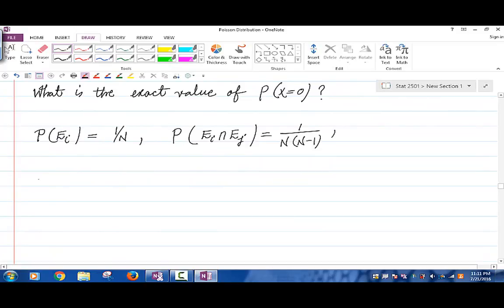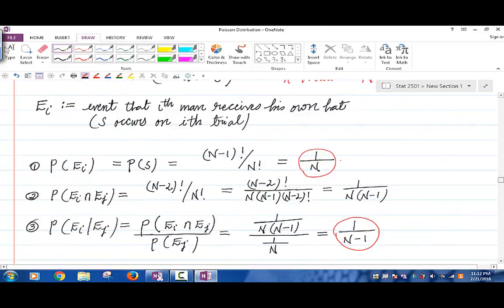Now, what's the probability of E_i1 intersected with E_i2 intersected with E_i3, where i1, i2, i3 are three distinct numbers between 1 and n? Well, let's think about it.